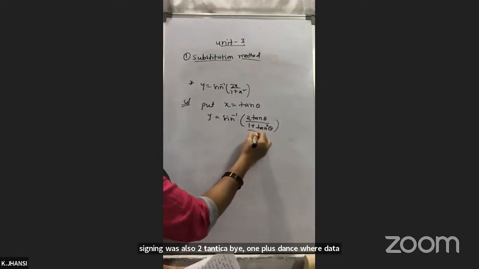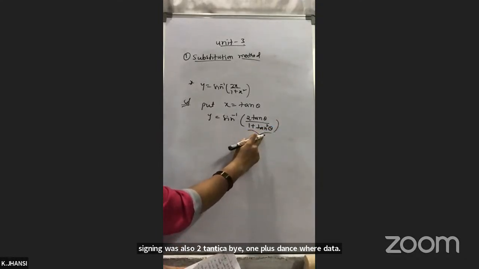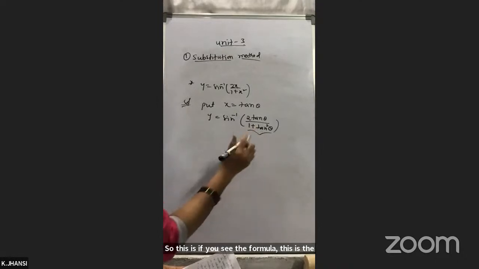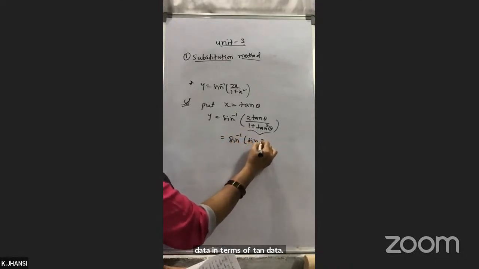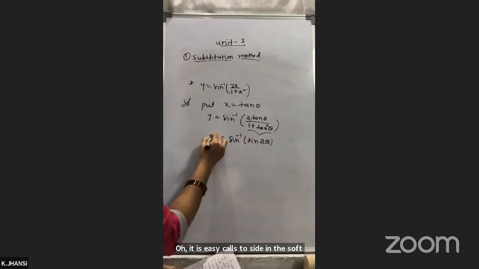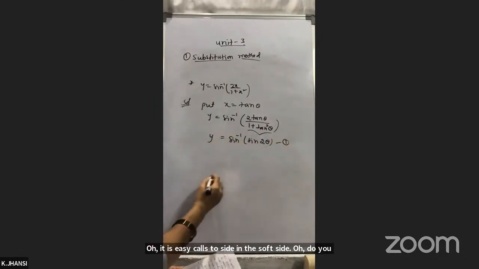If you see the formula, this is sine 2 theta in terms of tan theta. So it equals sine inverse of sine 2 theta. Now you can take this as equation 1.